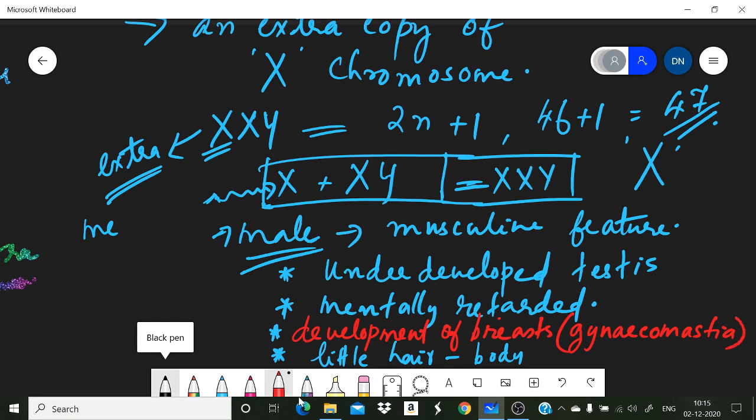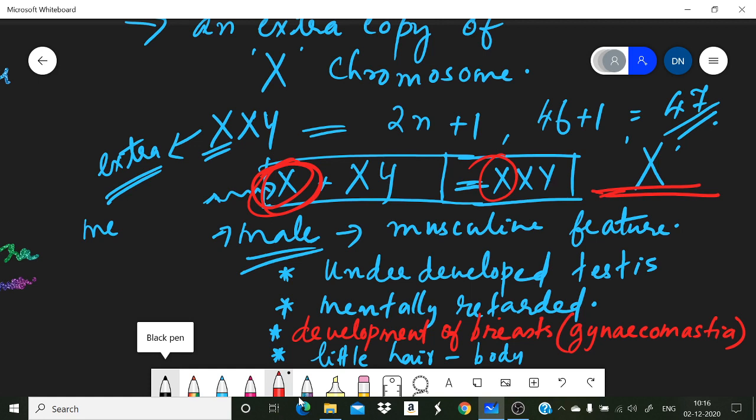Such males have mammary glands or breasts like females, because of the additional X chromosome. The feminine feature, development of breast, is known as gynecomastia.